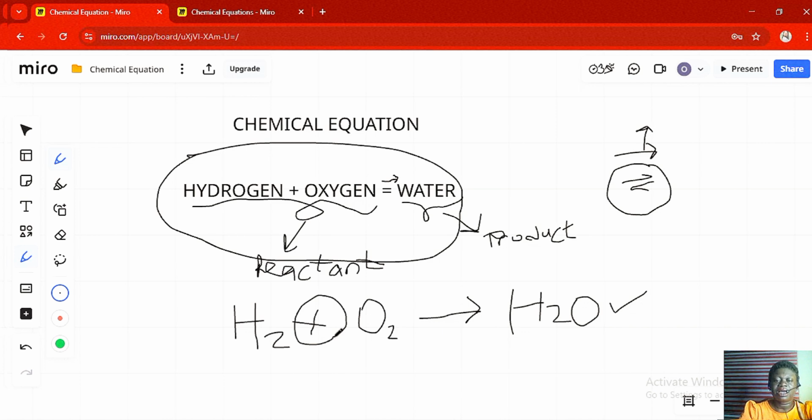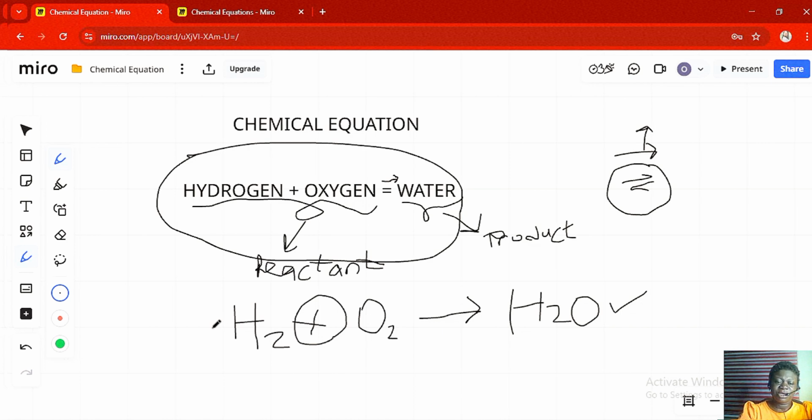Okay? Now, let's look at it. In balancing chemical equation, we have reactions that are balanced and we have reactions that are not balanced. Now, how do we know when a chemical equation is balanced?